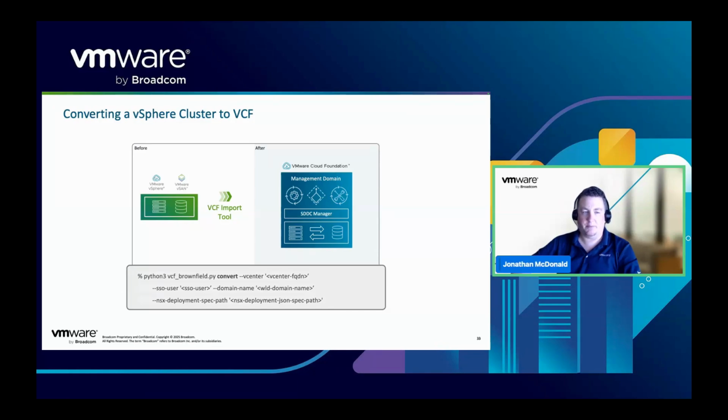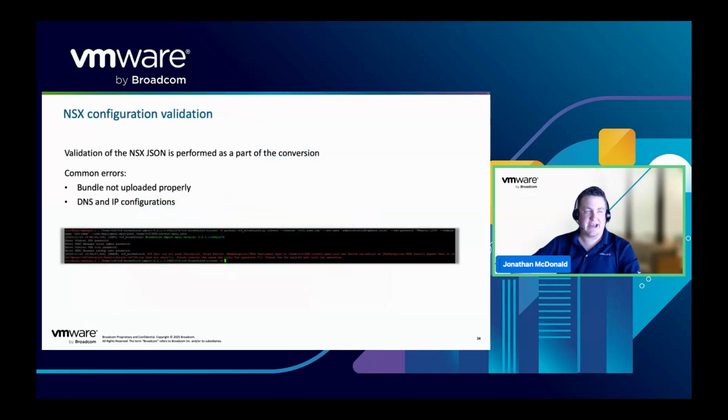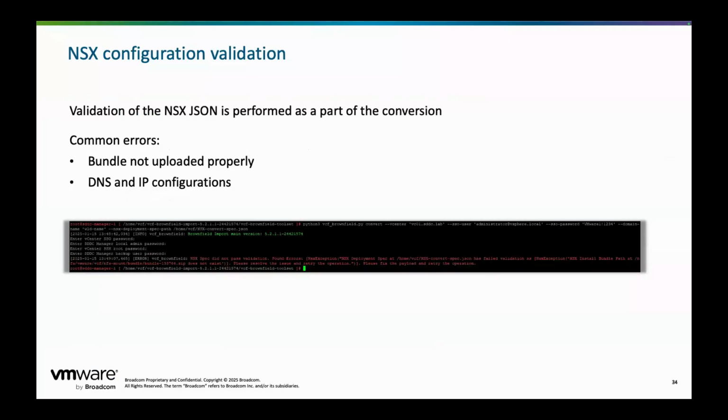Now for the NSX configuration validation, that happens as a part of the conversion and import processes. And so in this particular case, you can see on the screenshot, or maybe you can't, it might be a little bit small, that the path, so the binary is not available in the appropriate location.